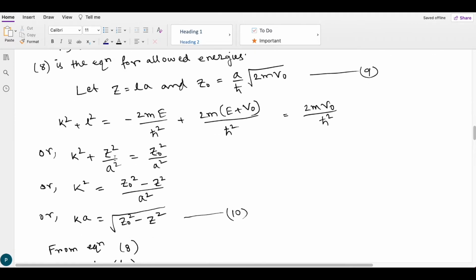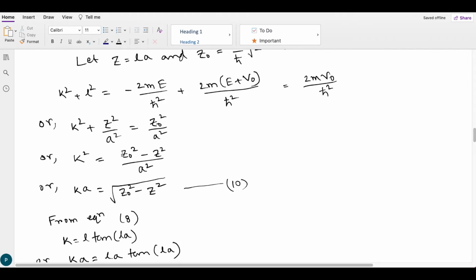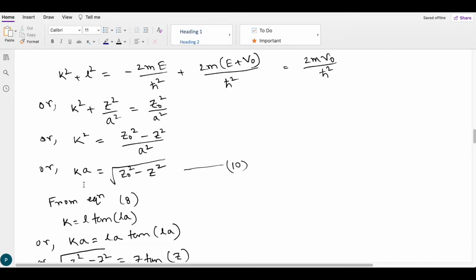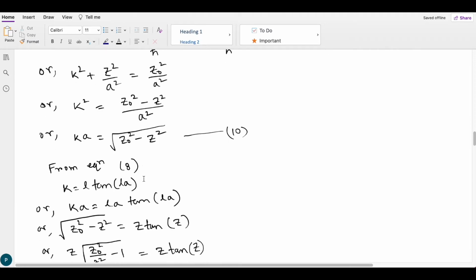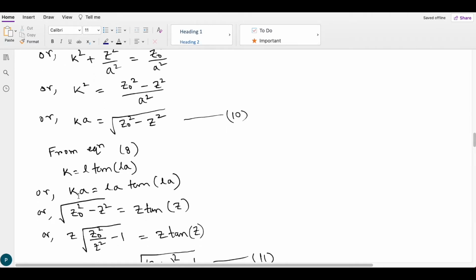Then we are taking the z square by a square part to the right side of the equation, and we get k equals root over z naught square minus z square. From equation 8, we know k equals l tan la. So multiplying both sides by a, we get ka equals la tan la. Why are we multiplying this with a?